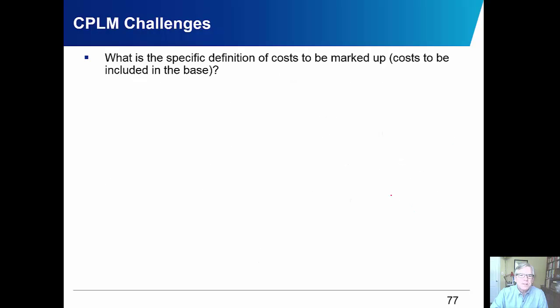So what's the specific definition of cost to be marked up? In that case, we're talking about the cost of goods sold.